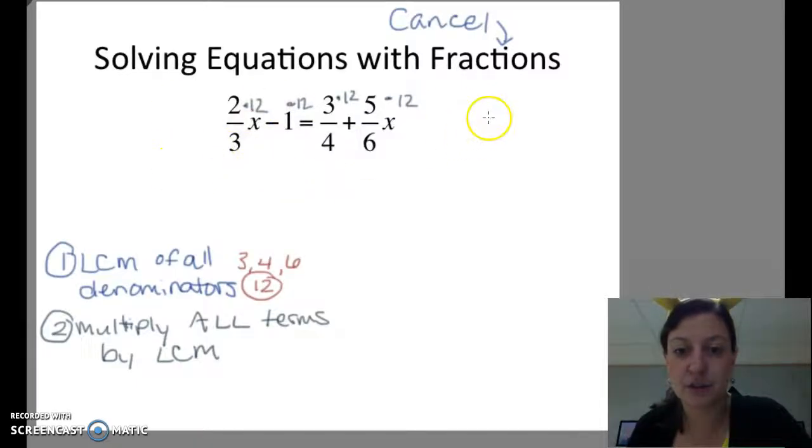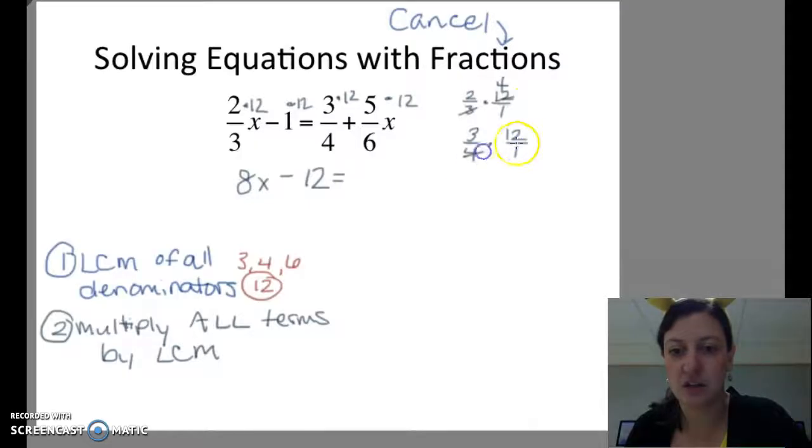So 2/3, I'm just going to do the math over here, 2/3 times 12/1, these cross cancel, that becomes a 4, is 8x. 1 times 12 is just 12, equals 3/4 times 12/1, these cross cancel, that's 3 times 3 is 9, plus 5/6 times 12/1, these cross cancel, that's a 2, plus 10x.